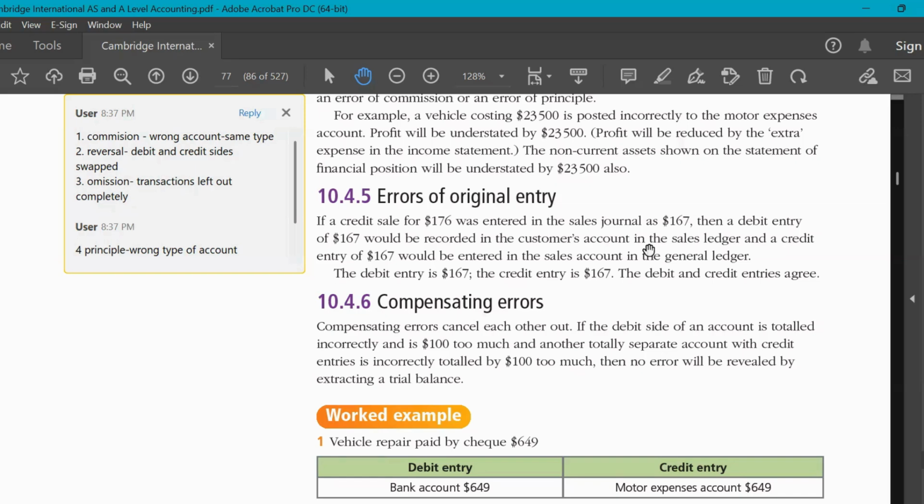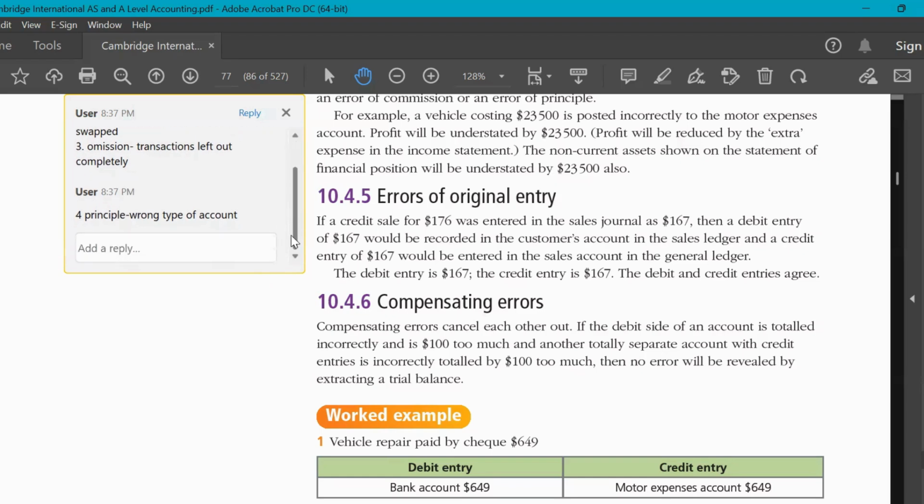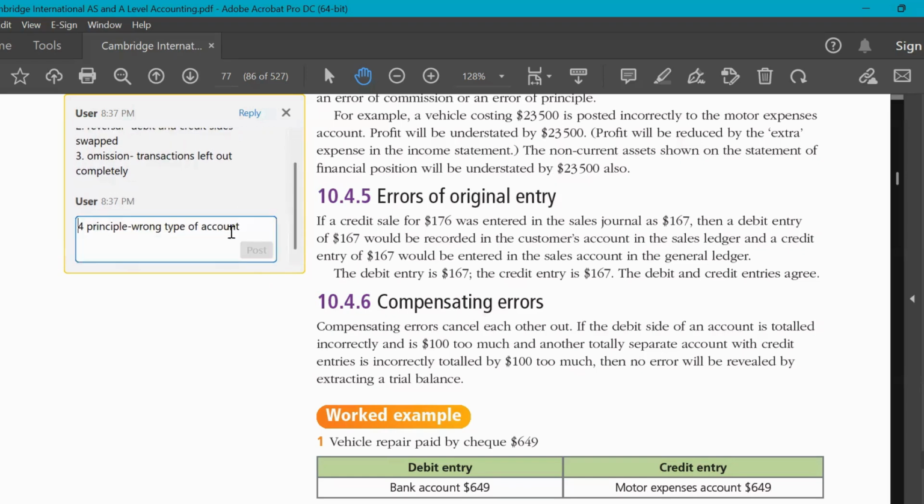So again, the number is wrong. Errors of original entry. The number is wrong, the figure is wrong. Of course, the debit and credit use the same wrong number, so the totals will still match.